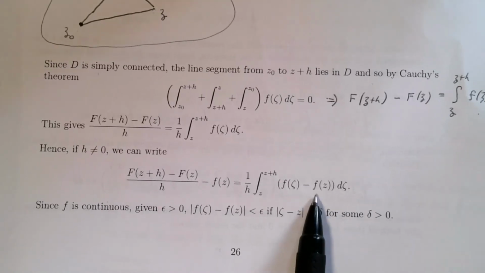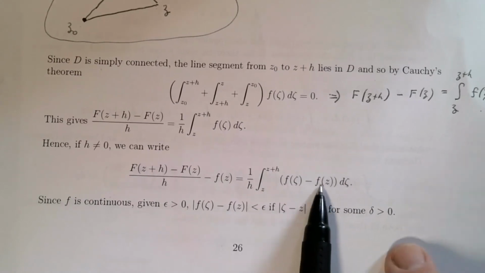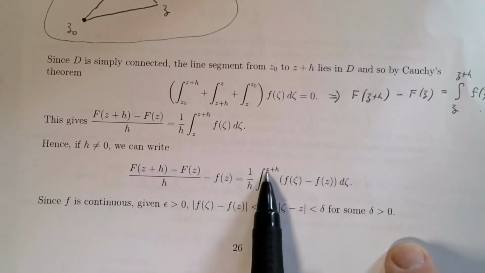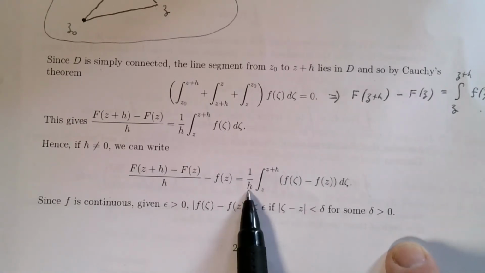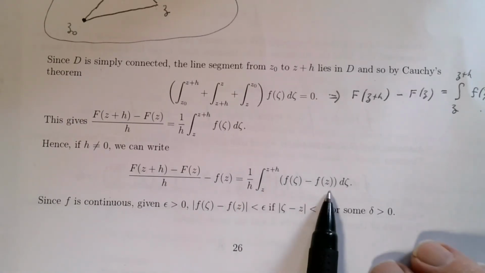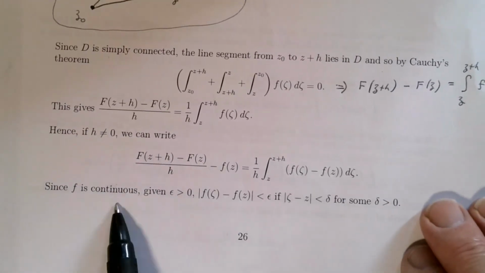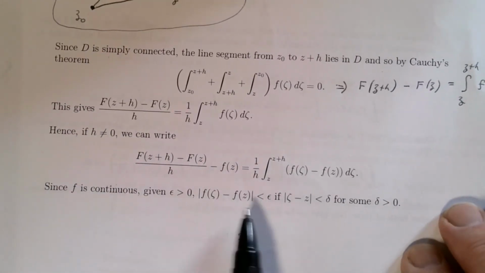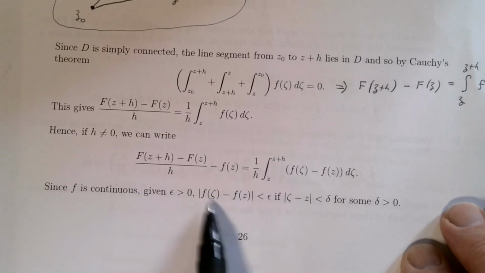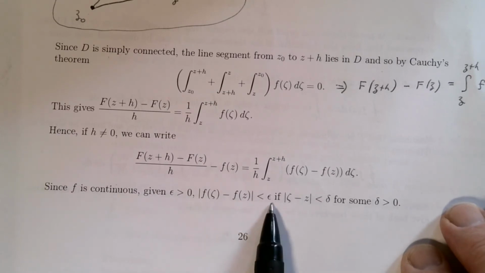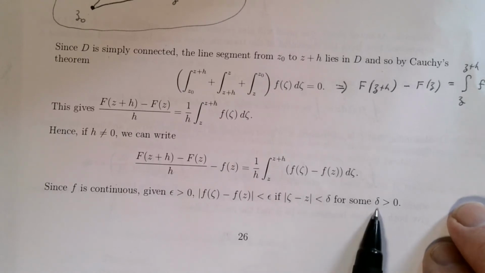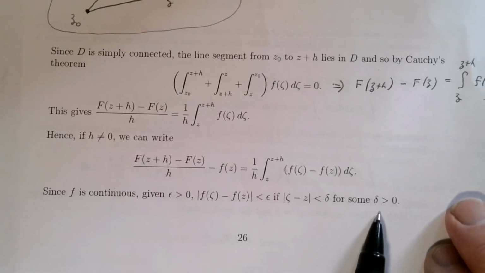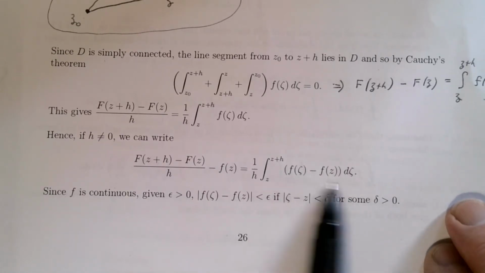The integral of this from z to z plus h is of course h times that, and then the h's cancel, so that's why I can take this inside. Now, since f is continuous, given any epsilon bigger than 0, the modulus of f of zeta minus f of z is less than epsilon whenever the modulus of zeta minus z is less than delta, for some delta bigger than 0. And so I can then get a bound on the size of this thing.